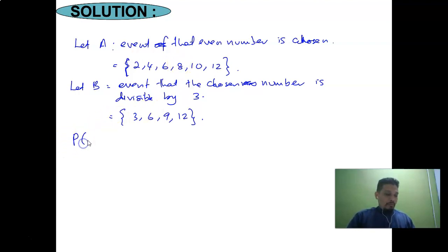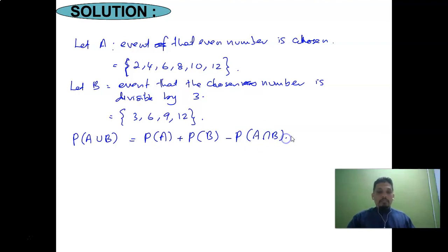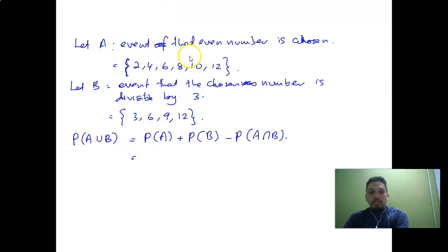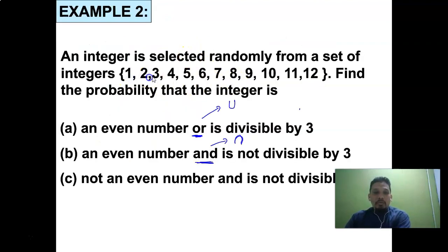So the probability of A union B equals the probability of A plus the probability of B minus the probability of A intersect B. The probability of A, an even number: the total numbers that we have are 1, 2, 3, 4, 5, 6, 7, 8, 9, 10, 11, 12, so the total is 12.